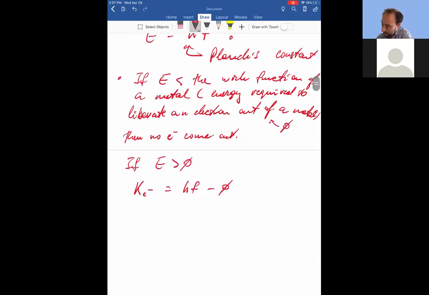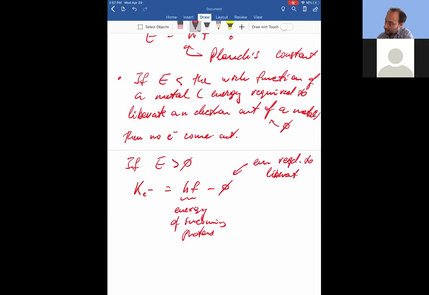So this is the energy of incoming photons, the energy required to liberate electrons, and this is basically the remaining energy. And it comes in the form of kinetic energy.